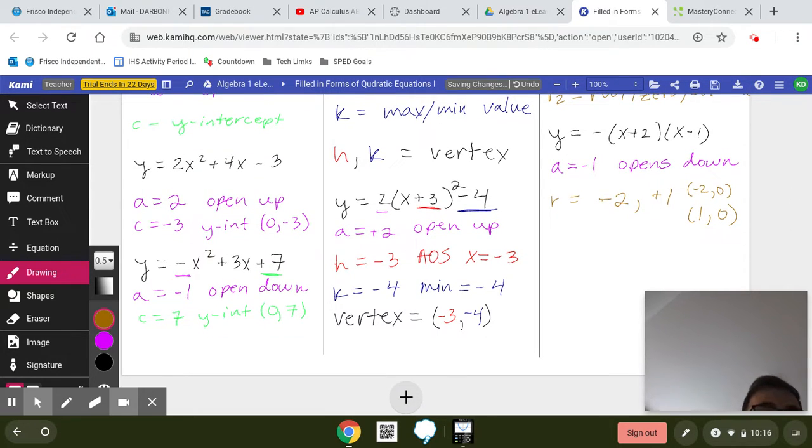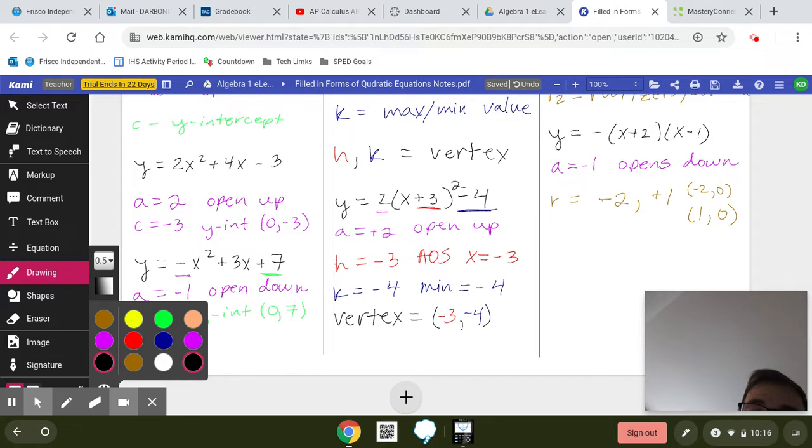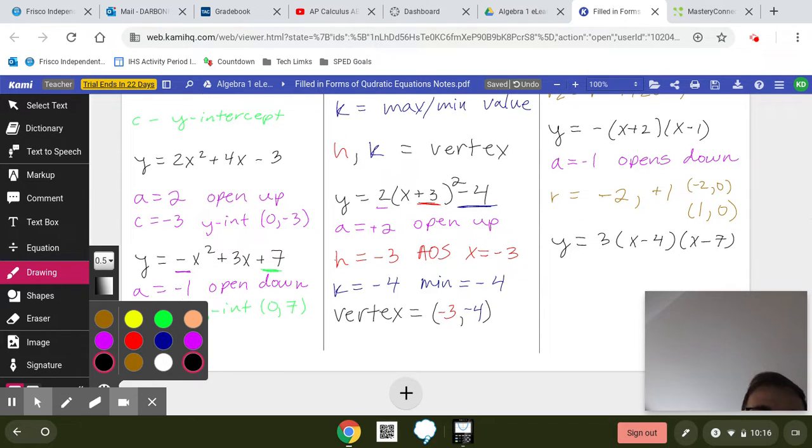Okay, let's do one more example with this one because we got some room. So we have y is equal to 3, x minus 4, x minus 7. Okay, so our a value is 3, which means we're going to open up.